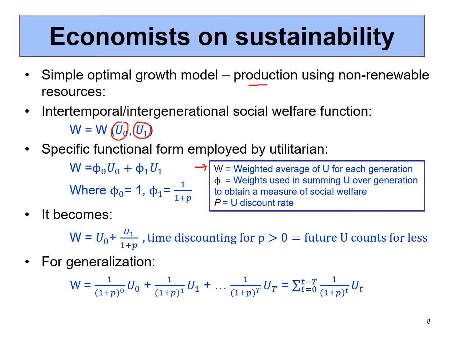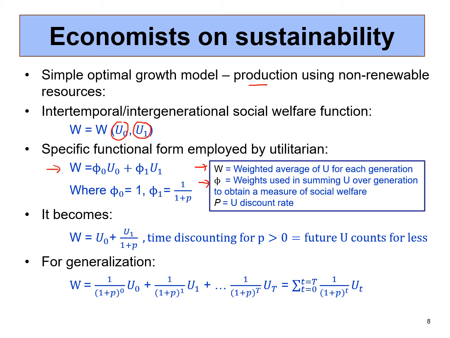The specific functional form used by utilitarians can be presented here. The welfare function equals pi of the current generation multiplied by the utility of the current generation, plus pi and the utility of the future generation. So what is this pi? Pi is the weight used in summing utility over generations to obtain a measure of social welfare.